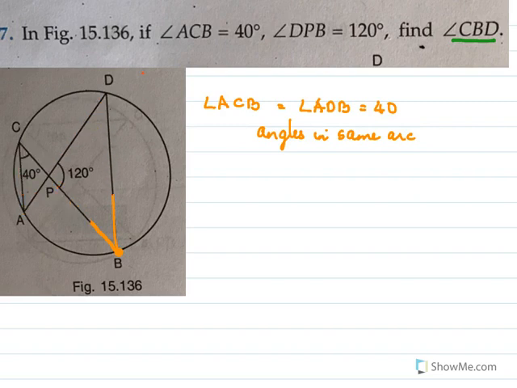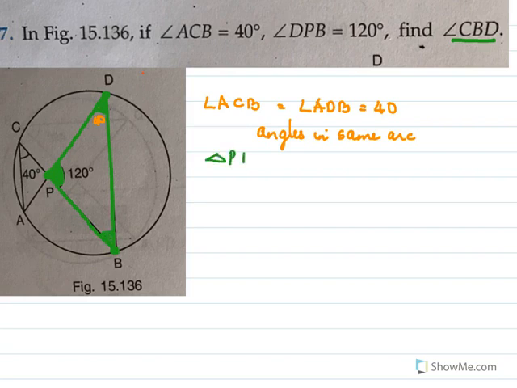Now let's get on to the next part. So we just erase this. We know this angle was 40. We found this angle is 40. Now we can spot a triangle where two angles are known, and the triangle is PBD. So in triangle PBD, we know this angle 40 that we have found, and this angle 120 which is given. So we will now go ahead and find the third angle.